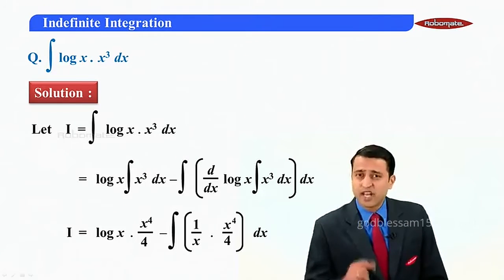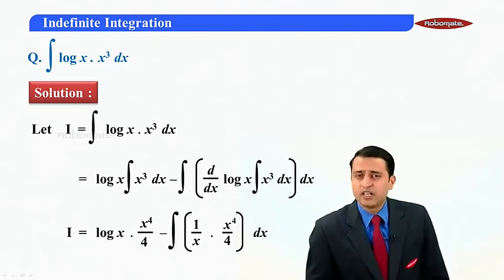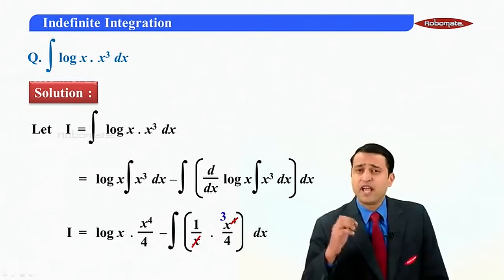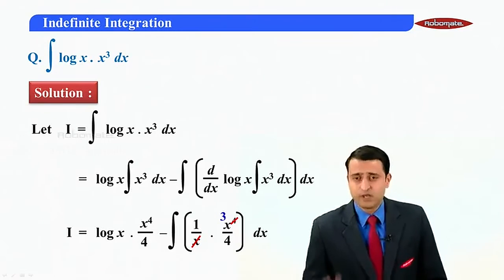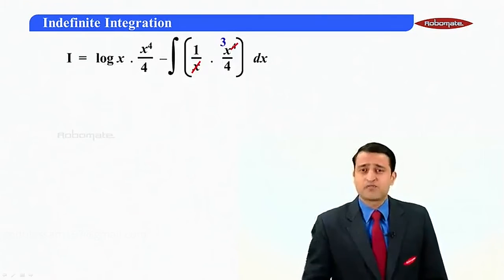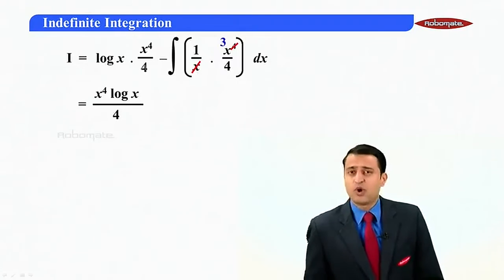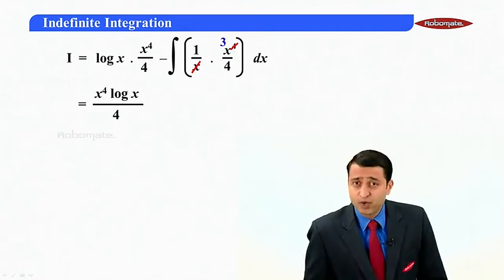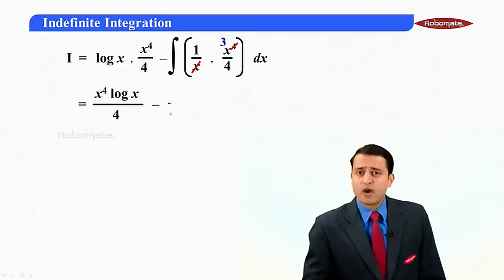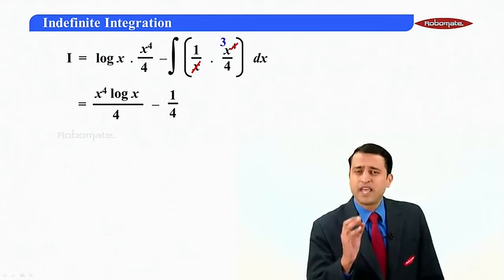Now my dear students, we are left with one integral to be evaluated, and in that integral I can simplify the x raised to 4 term and the x to get x cube. Okay, my dear students? So let's see the next step. So let's copy this for our reference. Let's write the next step as x raised to 4 into log x, the whole divided by 4, minus 1 by 4 outside the integral, and what I have left in the integral is simply x cube.